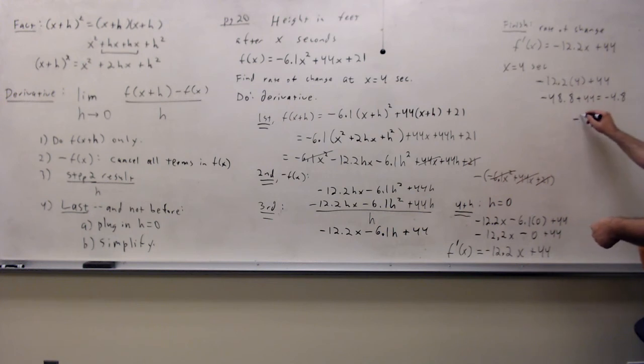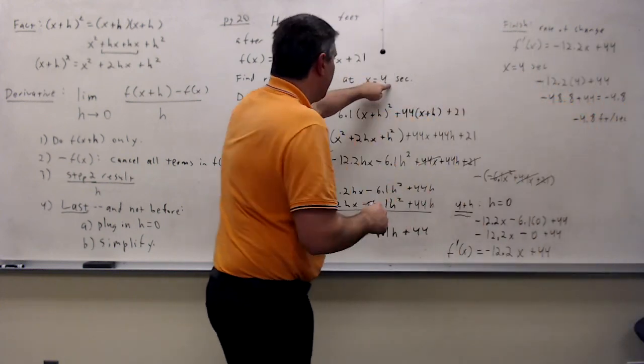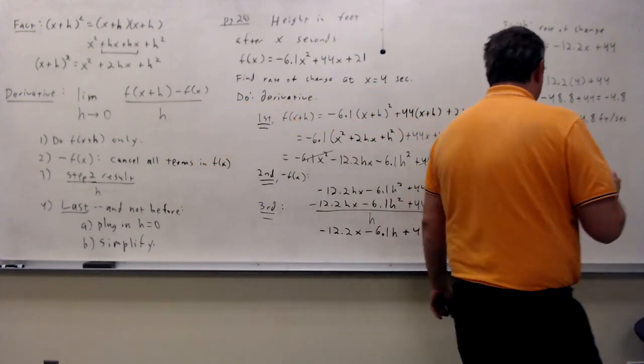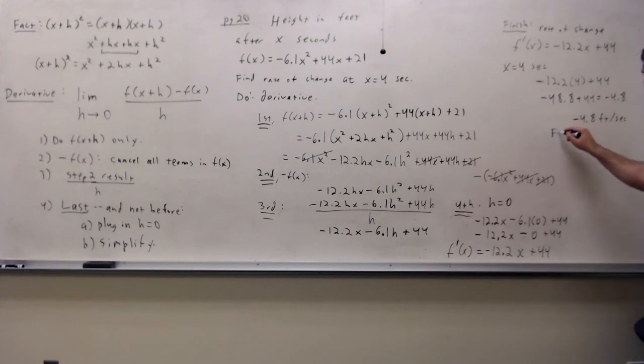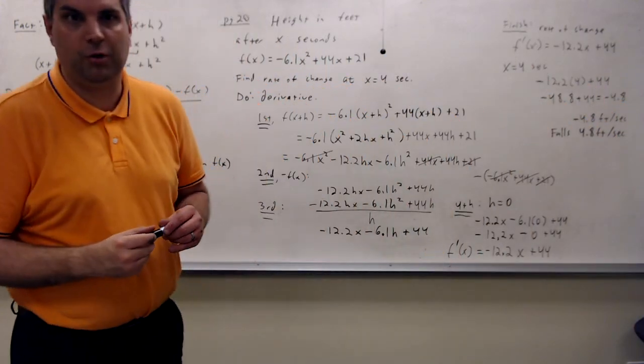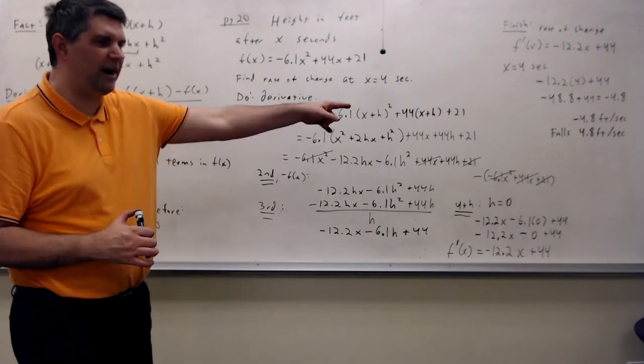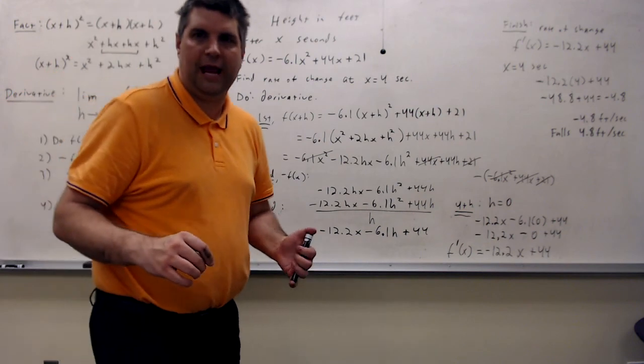So that's negative 4.8 feet per second. Okay, feet per second. That means it's falling at 4.8 feet per second. On Earth it would have already hit the ground. But on Mars, it just now began to fall. That's not a very high rate of speed. Okay, I'm done.